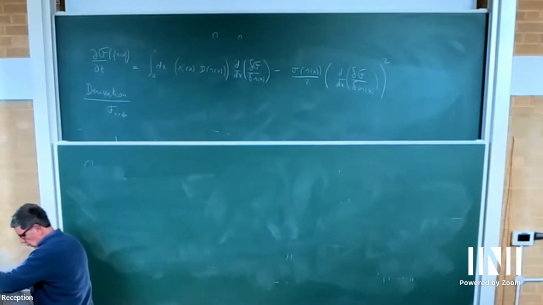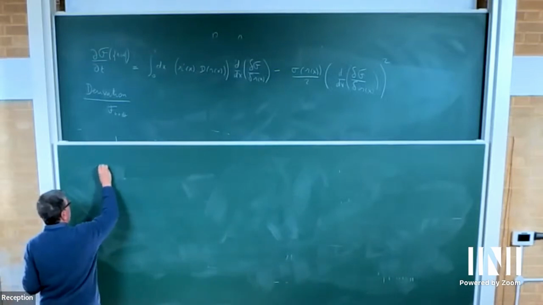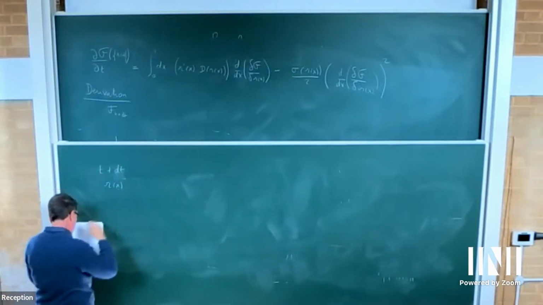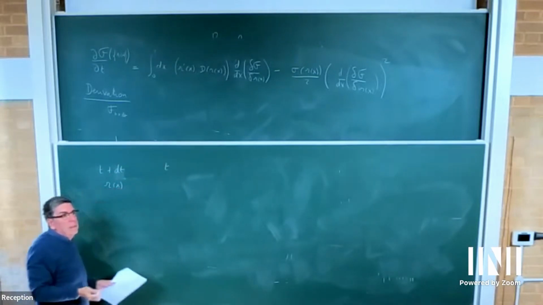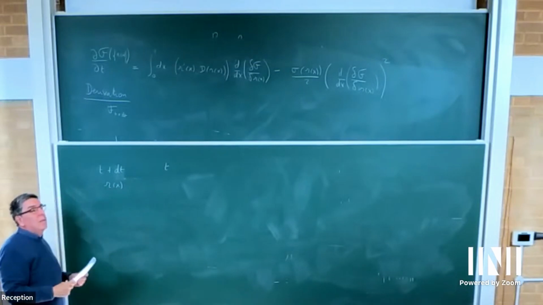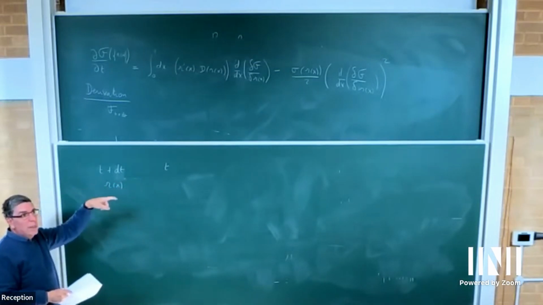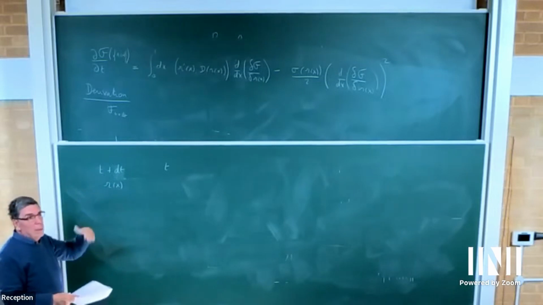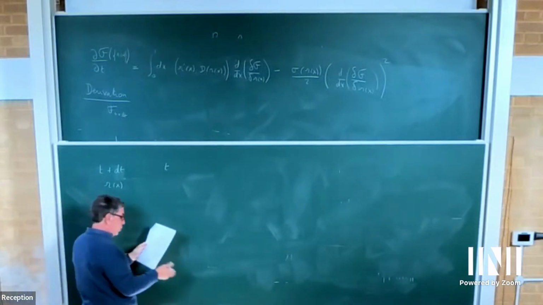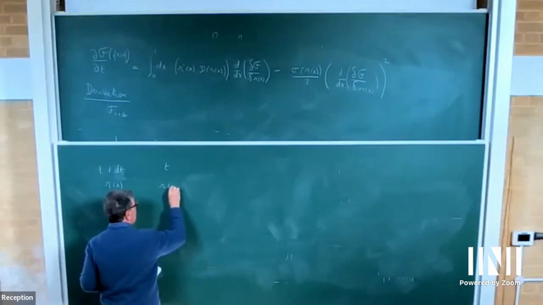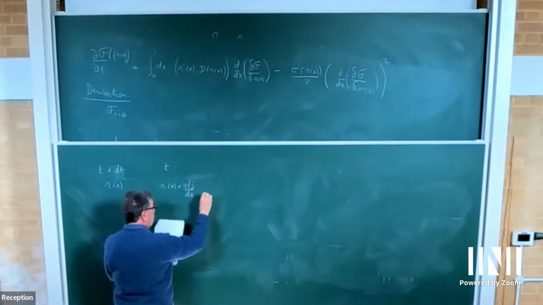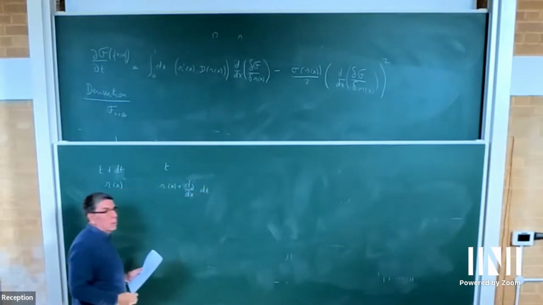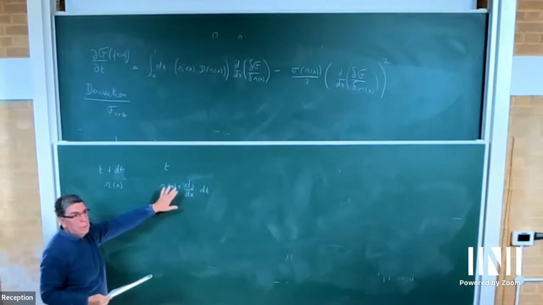I want to see a profile R. At time t it was slightly different, and I reach the final profile at time t plus dt. So at time t the profile was in fact R of x plus something. I hope I make no mistake with the time.